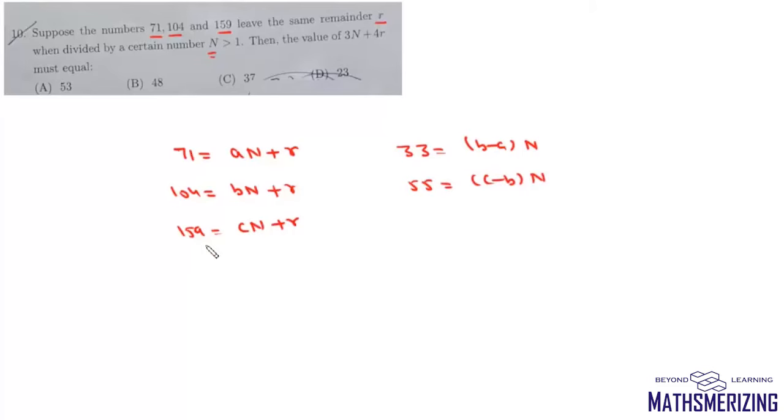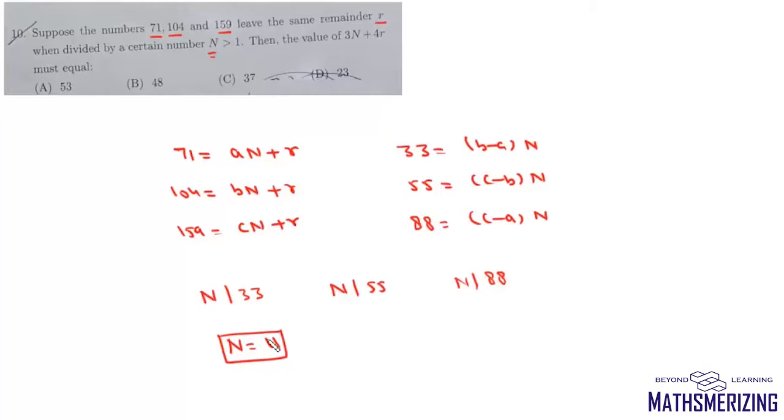And from the first and third, we can write 159 minus 71, which is simply 88, and that is (c minus a) into n. So basically n divides 33, n also divides 55, and n divides 88. So this n must be 11. So from here we get the value of n as 11.